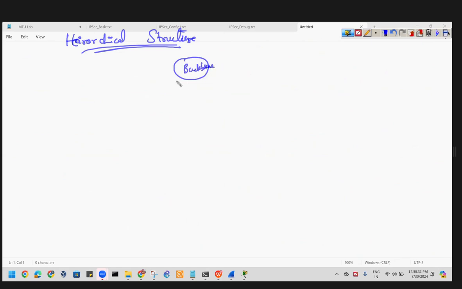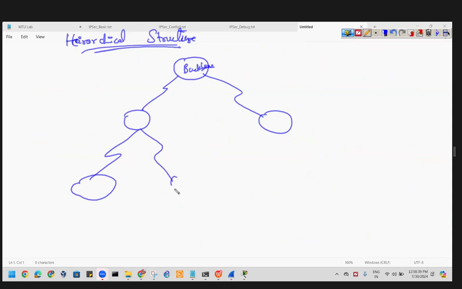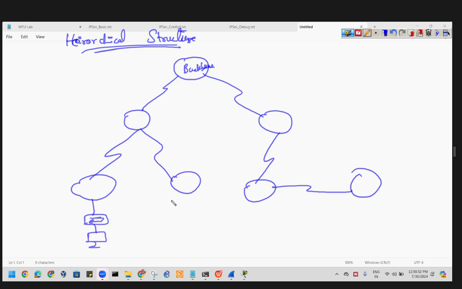Any router that is inside the backbone area becomes the backbone router. Over here I'm connected to a LAN and a PC.